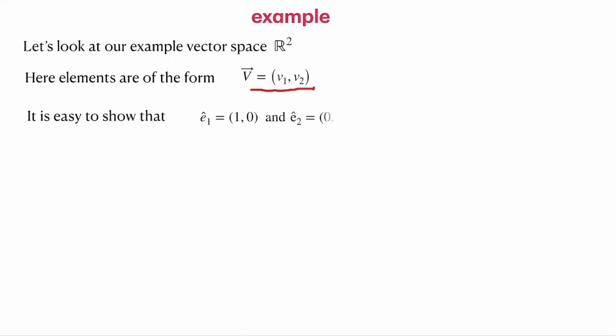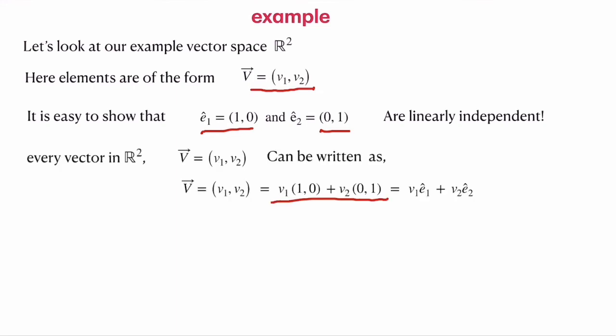It is easy to show that the two vectors E1 equal to (1, 0) and E2 equal to (0, 1) are linearly independent. In fact, we have already shown that, though in that case it had some other numbers, V1 and U1, but you can normalize them to get this E1 and E2, and they are linearly independent.